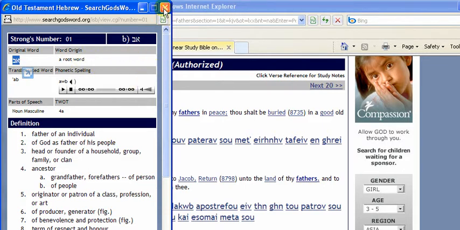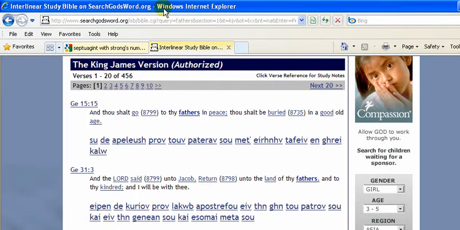And so let's look at the Greek word in the Greek Old Testament to see what that word is, and we can see that it is indeed paterav. And I don't know much about Greek, but I'm assuming that the av on the end of it is related to thy or your.